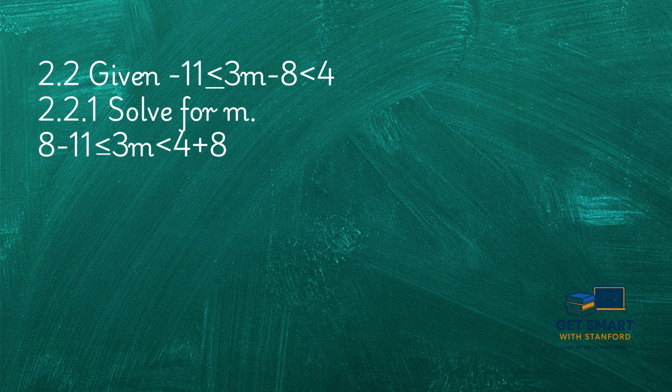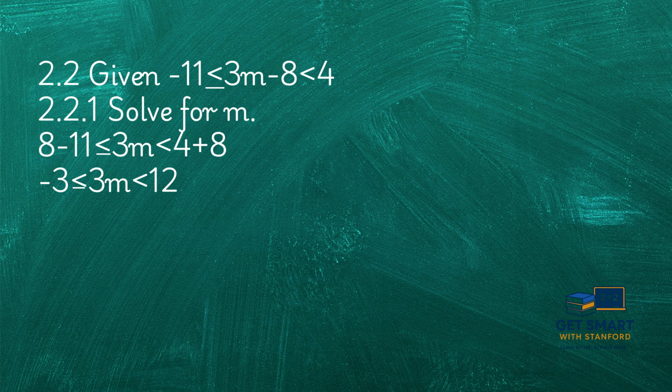In 2.2, we are given the inequality -11 ≤ 3m - 8 < 4. So 2.2.1 requires us to solve for m. Let us transpose -8 to both sides of the inequality, then divide by the coefficient of m, which is 3.